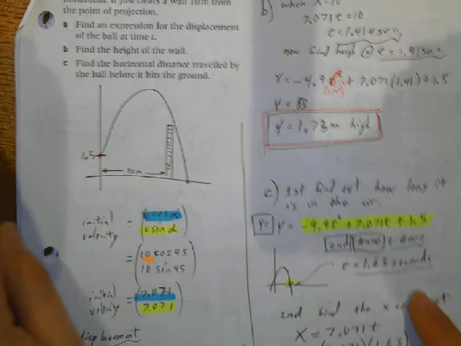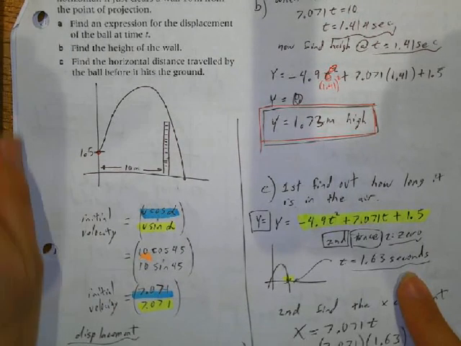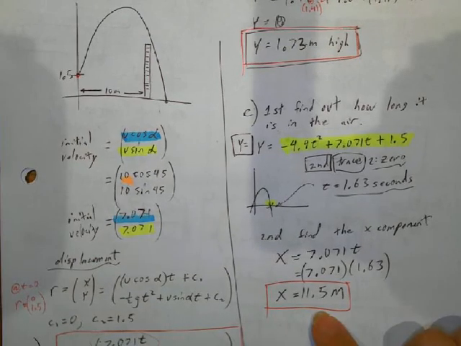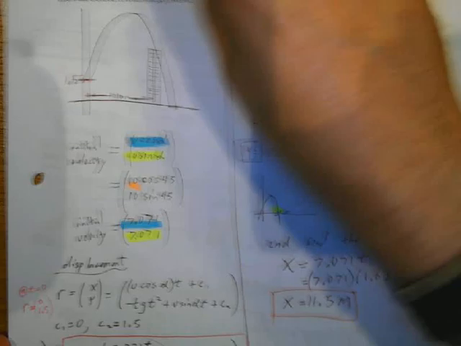So now that I know how long it takes to hit the ground, I can plug that into my x component, and then I will find the horizontal distance traveled in order to hit the ground. Hit pause at any time that you need to check something.